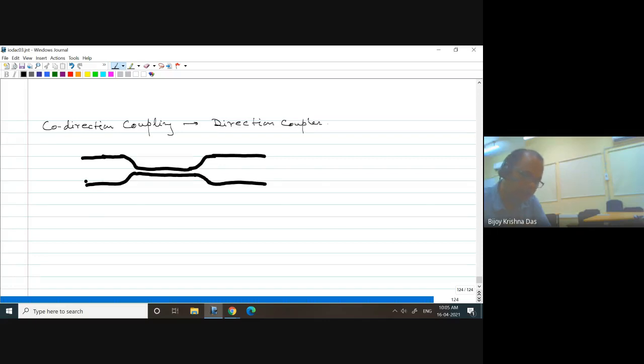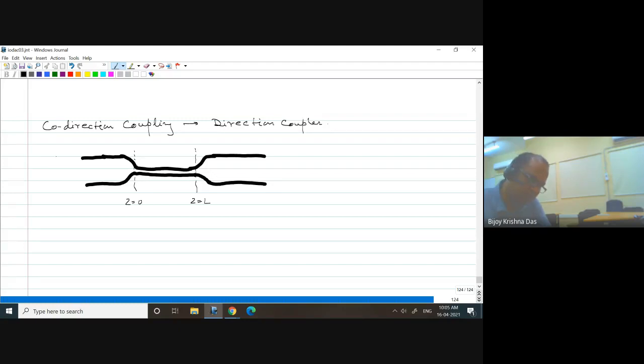These are two waveguides, and from this point onwards, they come closer at, we can consider z equal to 0. This is z equal to L. Okay, and we can say that this is the length they are coupled.